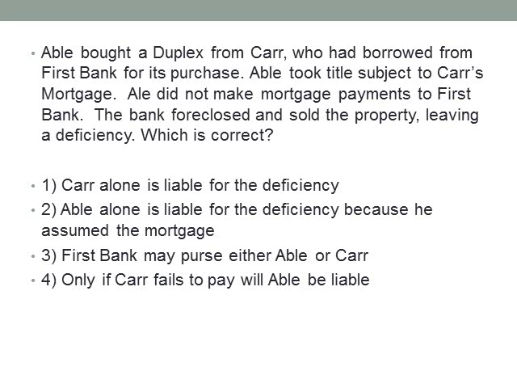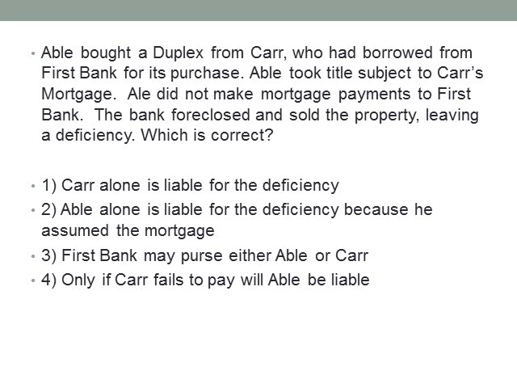Carr alone is liable for any deficiency. Do you see why? Because Abel took title subject to Carr's mortgage. That was the number 2 example above. I also say that Abel did not make any mortgage payments to First Bank. He's not required to. Carr is.